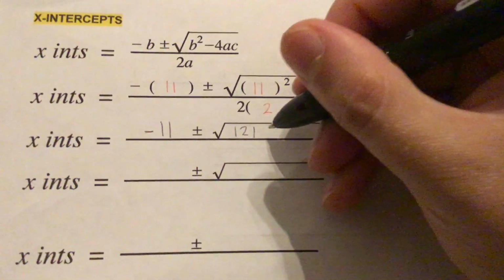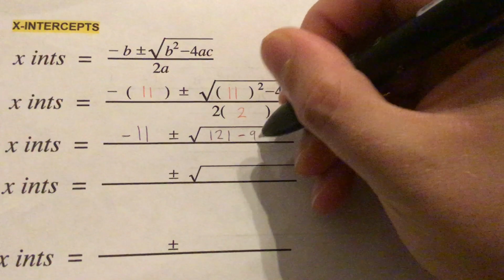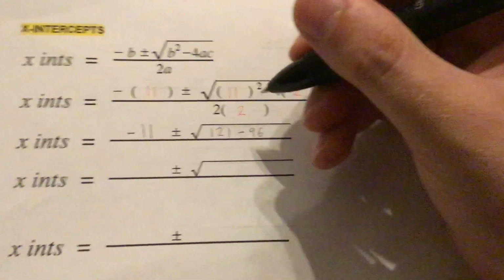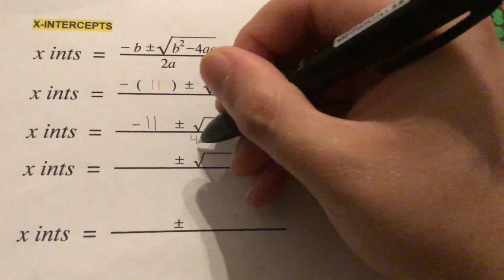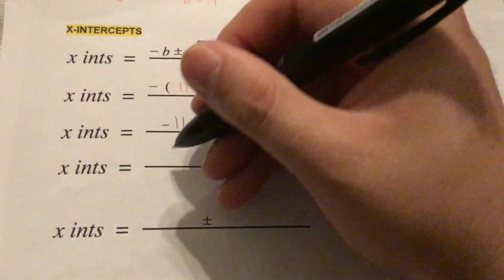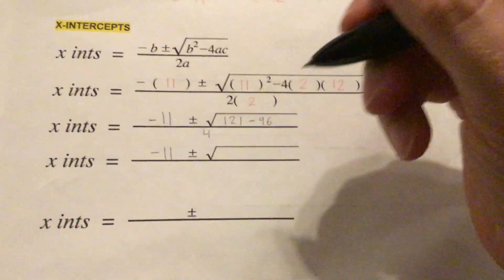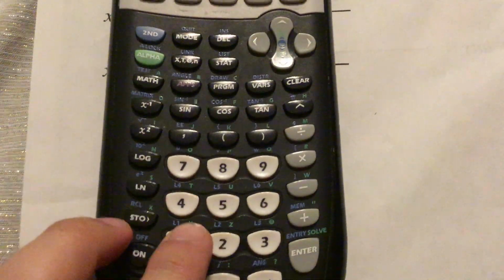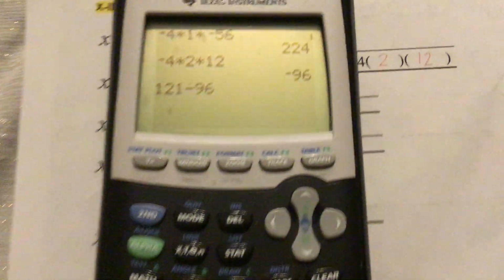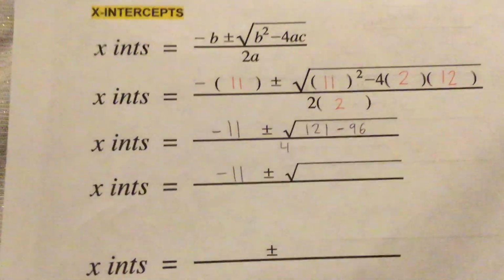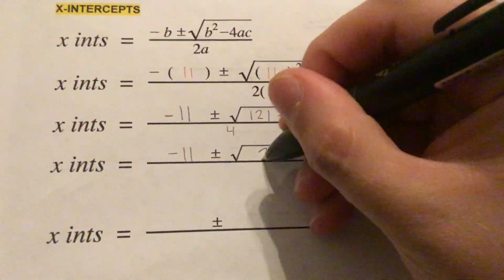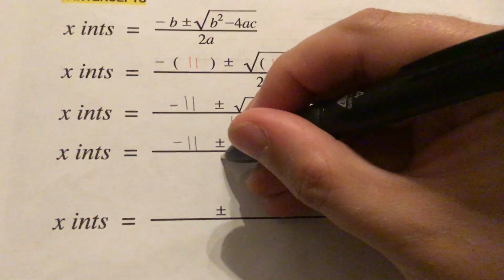So 121 minus 96 over 2 times 2, which is 4. So now we've got negative 11 plus or minus the square root of 121 minus 96. That'd be 25, okay? So we've got the square root of 25 over 4.